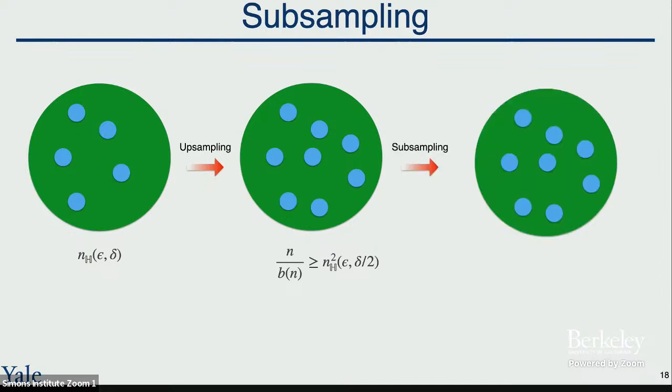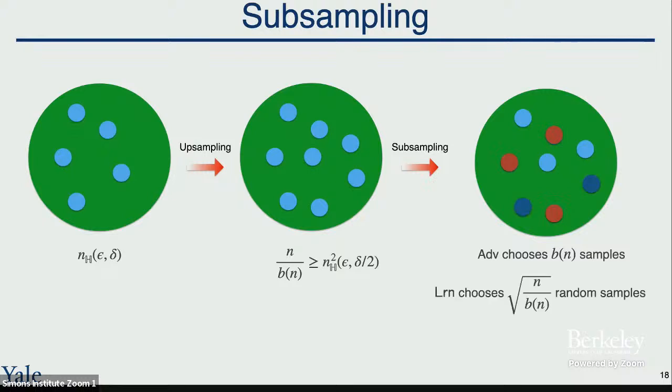And now we're going to subsample. The adversary is going to choose a few samples and change them. Because the adversary doesn't know the randomness that we're using, we can subsample randomly from these points. So how many samples? These many samples, and this is exactly this number here.